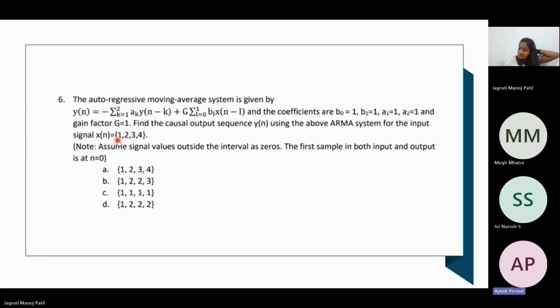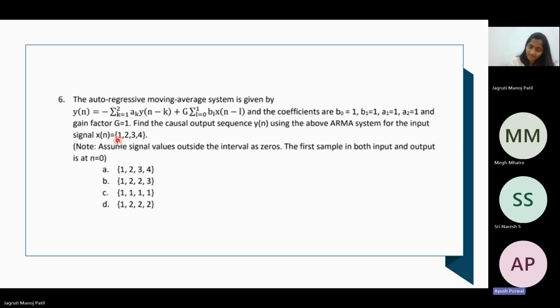Ma'am, I think all options are incorrect. What you did was try fitting the options. Ma'am, actually, when we put n equal to 0, then in the equation the y of n minus k term will be y of minus k, and x of n minus l will be x of minus l.